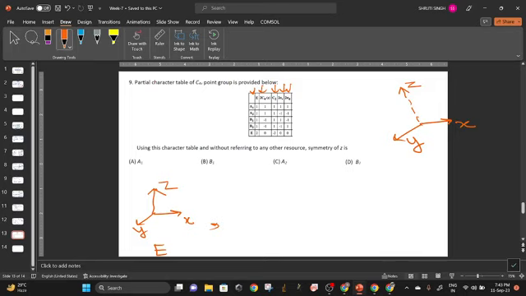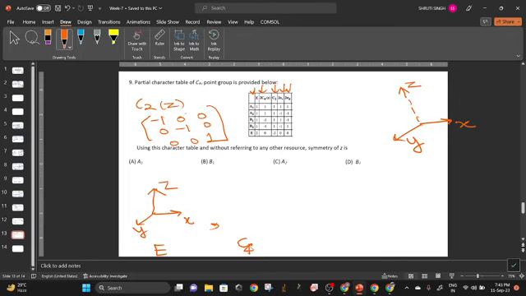Suppose if you see C2(z), how we write the matrix: X changes, Y changes, but Z does not change. So the character for Z remains 1. Under C4 also it is the same case because the rotational axis is the Z axis, which will not change.